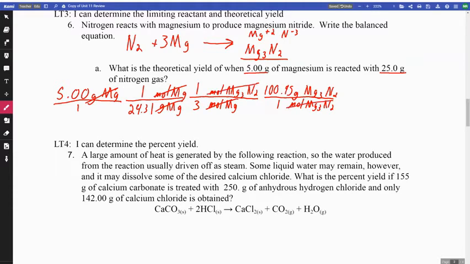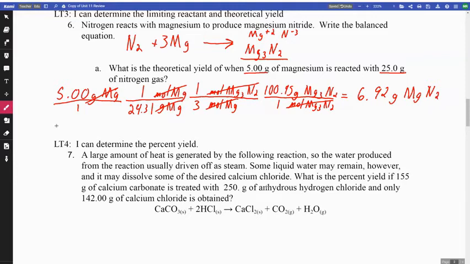Moles cancel out. Left with grams. That is where we want to be. So now we do our math, and we get 6.92 grams Mg3N2. All right, so we're halfway done.